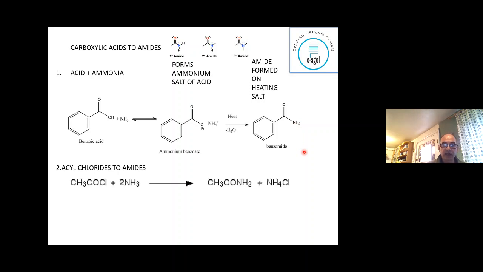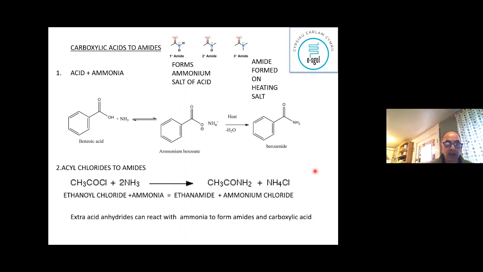Acyl chlorides to amides. Here we have ethanoyl chloride and ammonia. Replace the chlorine with NH2, and ammonium chloride is also formed. Acid anhydrides can react with ammonia also to form the amides and also the carboxylic acid.